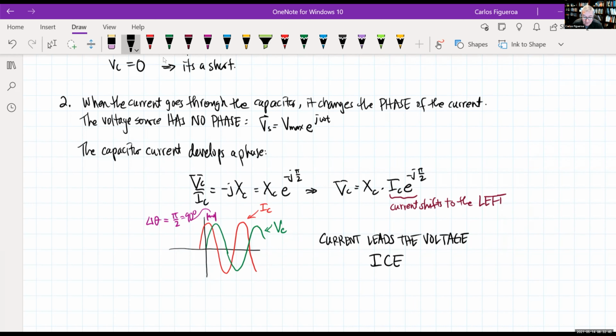Okay, so now that I got that, what does it look like in the phasor language here? Because if I look in the phasor language, remember, we're trying to plot vectors in the complex plane. So if I look in the complex plane, the capacitor vector looks like how?